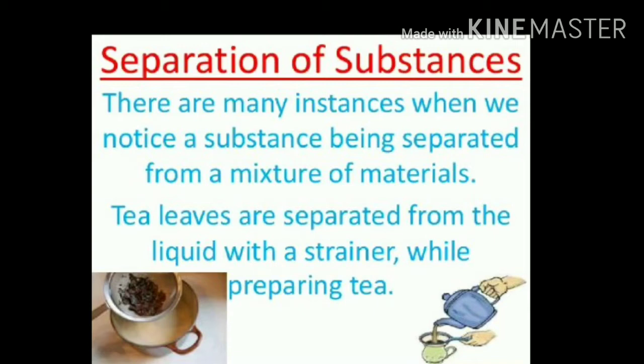In the first chapter we have seen the process of preparing tea, how tea is prepared, and that before serving we need to separate these tea leaves. For this we use a strainer. This is just a mixture and we separate it with the help of a strainer. So we use different methods actually.